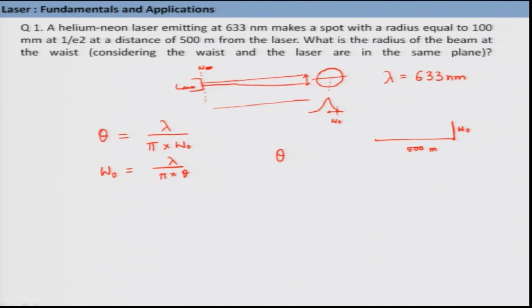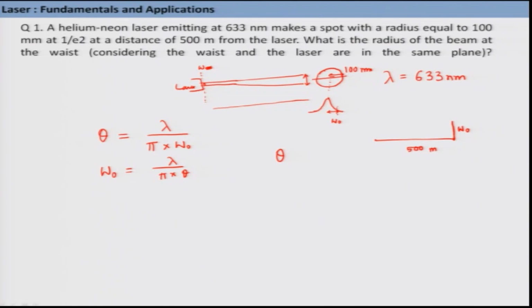I have this radius of the spot here as 100 millimeter. So here this radius is 100 mm, and this has grown from the laser spot size here, and I have to find out what that spot size was.